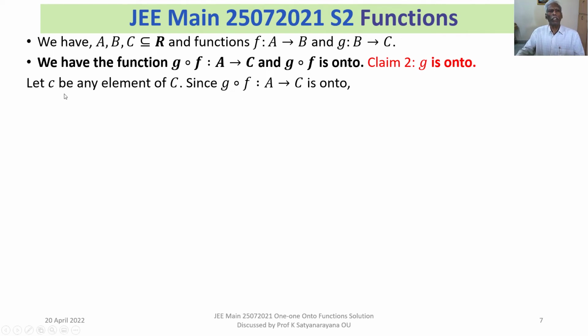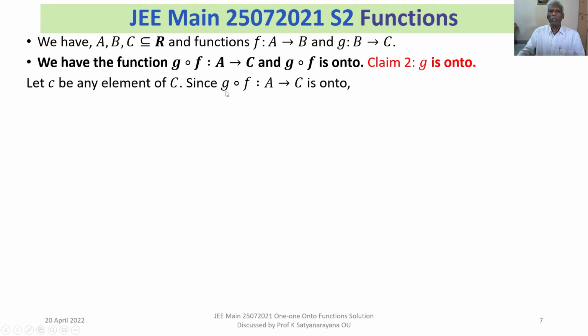So we will let c be any element of capital C. You know g compose f is onto. What do we mean by that? For each c belonging to C, there is an element a belonging to capital A such that g compose f of small a is equal to small c.